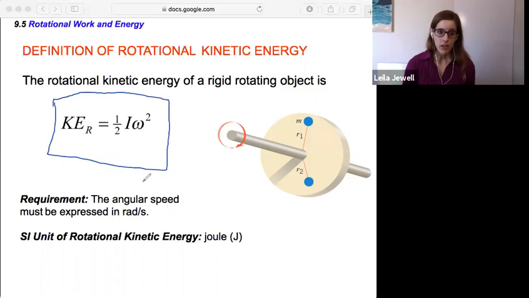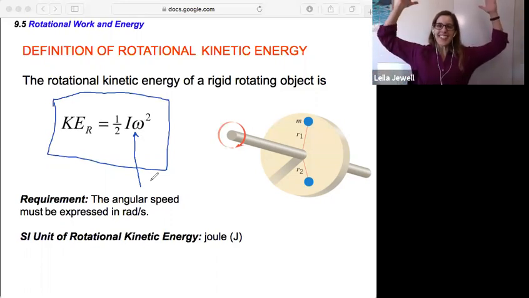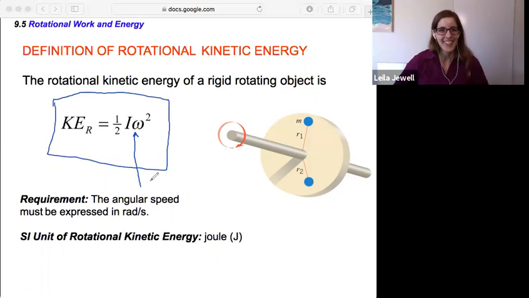Once again, our angular speed needs to be in SI units of radians per second. That's the only way that this works out. And the unit that we will get when all of this is said and done is going to come out to what? Well, because it's energy, it's joules. So you've got to say it with energy. Otherwise, it's not really energy, right?